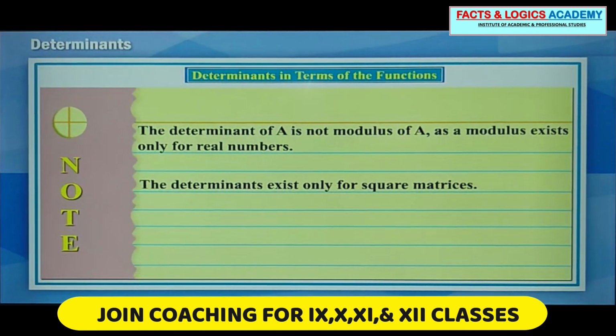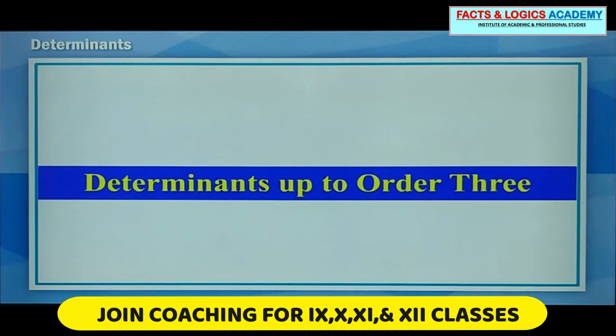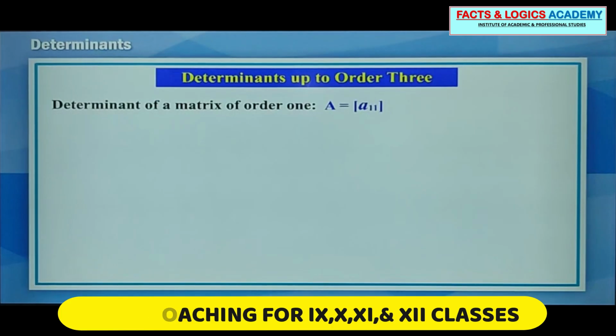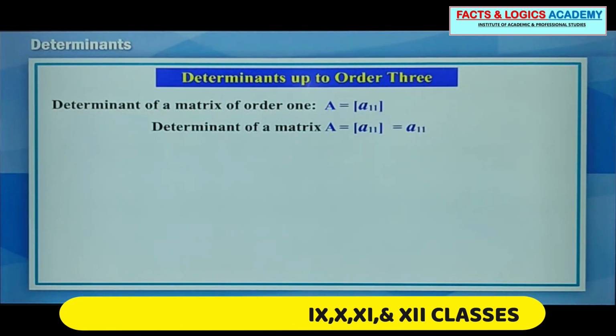Let us now learn to evaluate the determinant of a matrix with real entries up to order 3, beginning with the determinant of a matrix of order 1. Consider a 1 by 1 matrix A. The determinant of matrix A is A11.